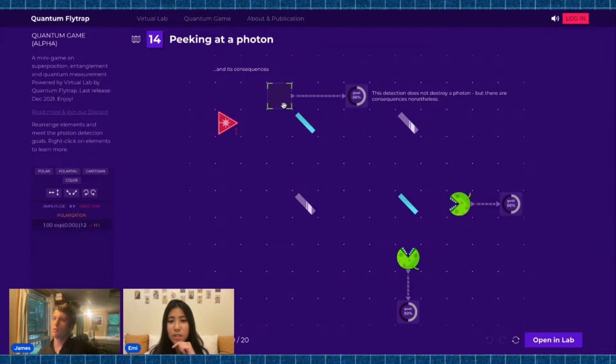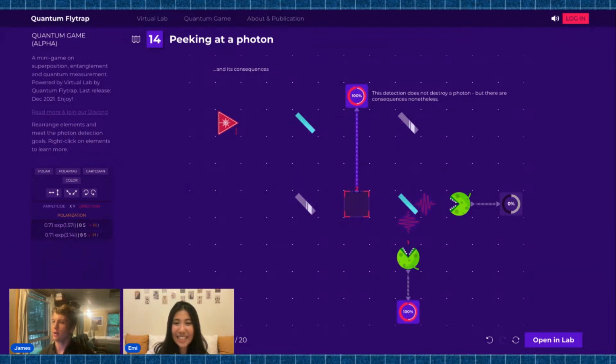Wait, so why does observing it make it go down? When you make an observation, sometimes it can change, and that's just a very quantum phenomenon.